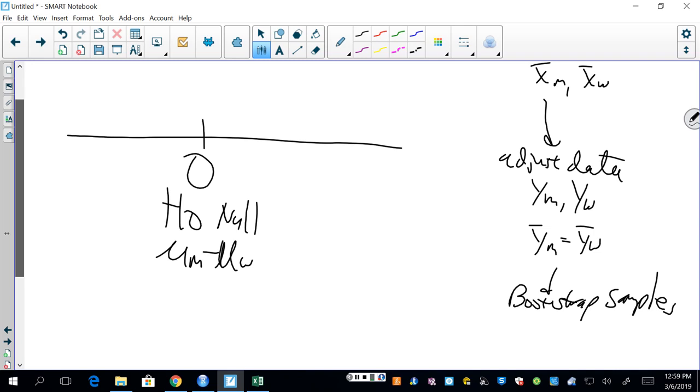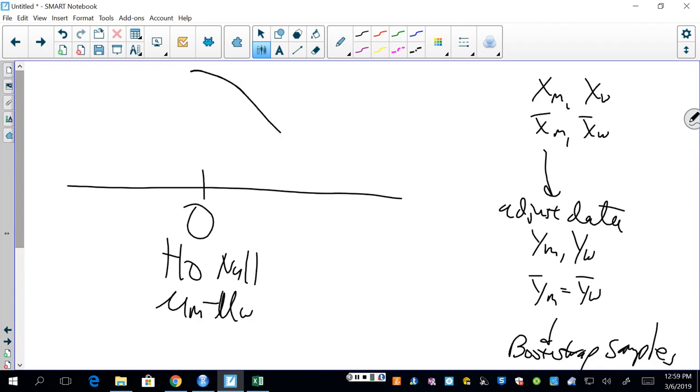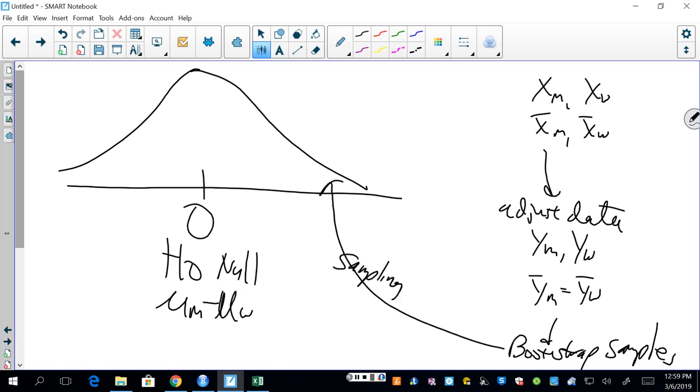And then we're going to have a picture of that sampling distribution. Bootstrap samples are going to show us the sampling distribution. And if our actual x bar for men versus x bar for women is out here, if it's really far away from 0 relative to that standard error and that sampling distribution, we're going to reject.